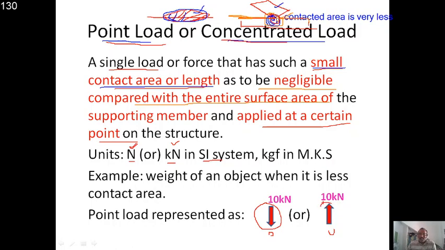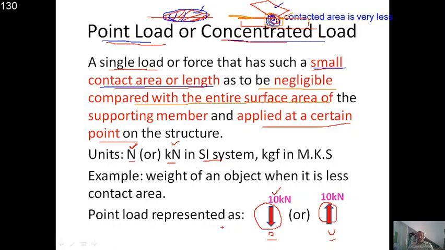You can follow these two representations according to whether the load acts downward or upward. The point load must also be labeled with its magnitude, either 10 kilonewtons, 400 newtons, 500 newtons, or 500 kilonewtons. We have to specify its magnitude along with its units.